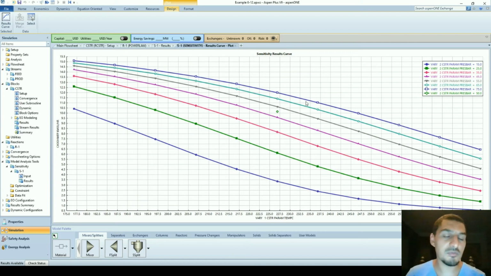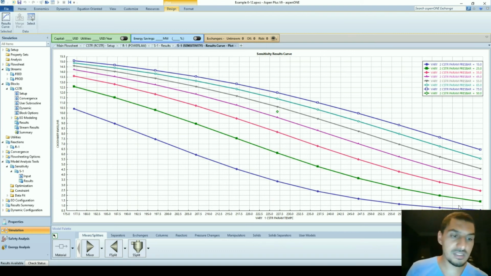So this is what I mean by parametric variables. I can flip it by putting the x-axis as the pressure and different lines. Each line represents a different temperature, so it's up to you. And here you can see the point that I'm using to operate the reactor right now, before the sensitivity analysis, which is at a pressure of 50 bars and a temperature of 500 Kelvin.